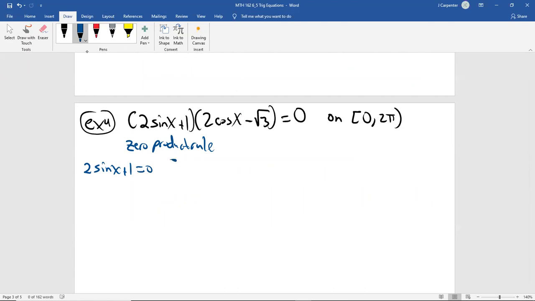That'll be its own thing. And then we set the other thing, which is 2 cosine of x minus the square root of 3, equal to 0. That's old algebra. So this is two equations that we have to solve.